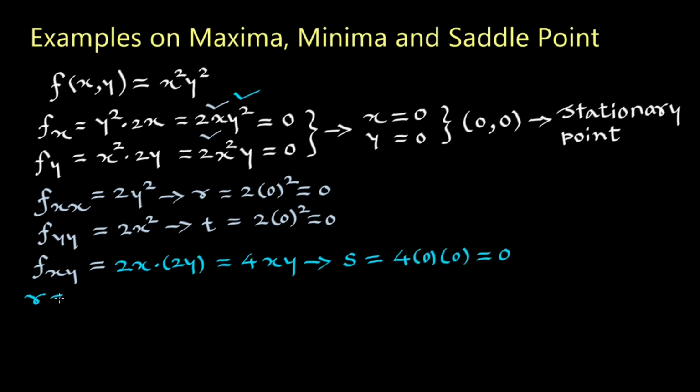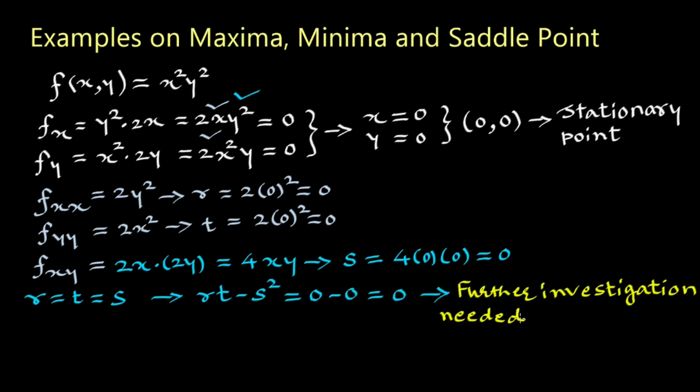So here r equals t equals s equals 0, which gives us rt minus s square equals 0 minus 0, 0, which implies further investigation is needed for finding maxima and minima. f(a,b) will be from here 0 square into 0 square, 0.